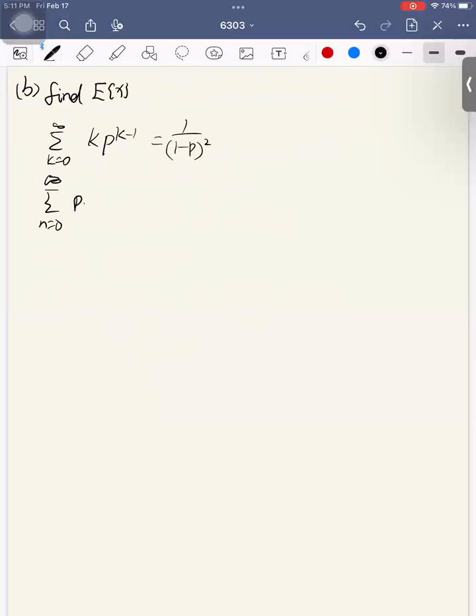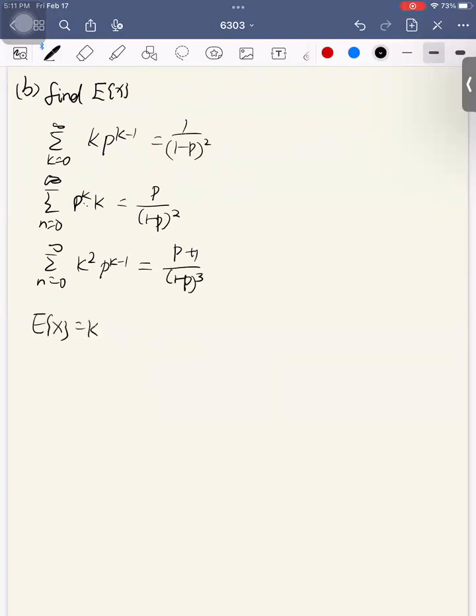Multiply p on both sides, we will get this thing. And then we will use the derivative on both sides again. Then we will get this thing right here.